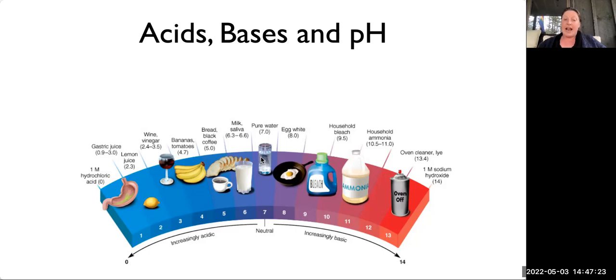And anything that has more protons or a higher concentration of protons than water is considered an acid or acidic. And it ranges. Some things are a little acidic, some things are very acidic. Anything that has a lower concentration of protons is considered alkaline or basic. So we can have just a little bit less in terms of concentration, or we can have a lot less concentration. So that's our pH scale.